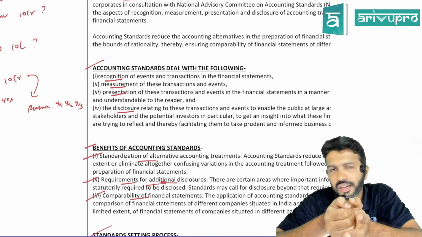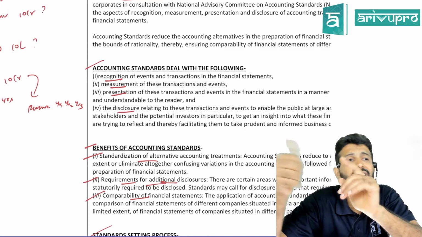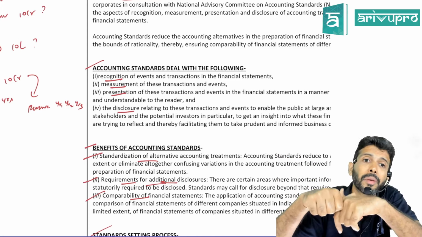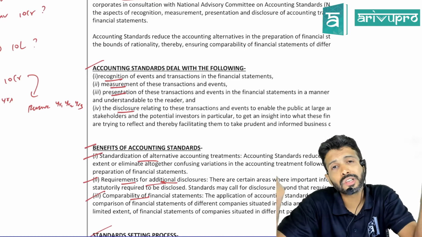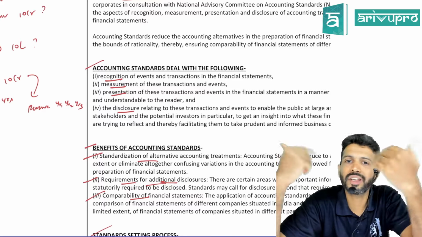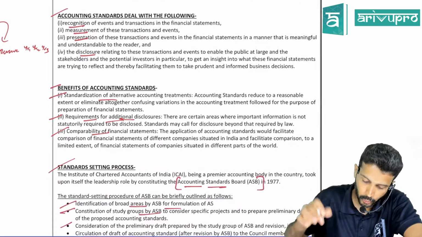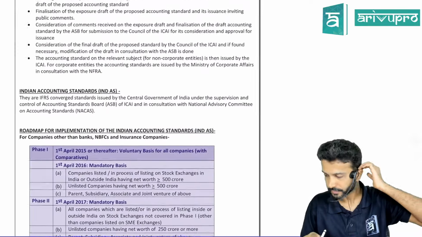If comments are received, they may consider them depending on what they are. Finally, the draft standard will be accepted by the council. Once the council accepts it, it becomes final from the ICAI side, and this will be given to MCA and they shall publish it. This is the standard setting process, not that very important, but just so you know.